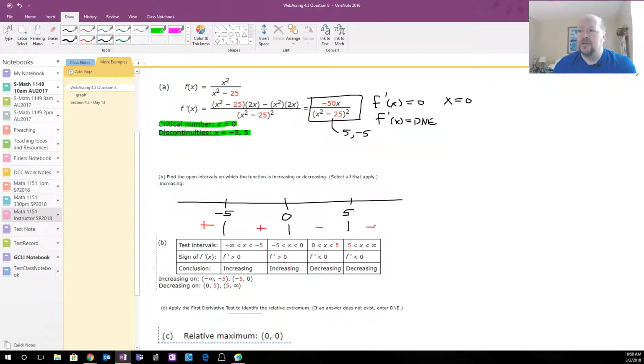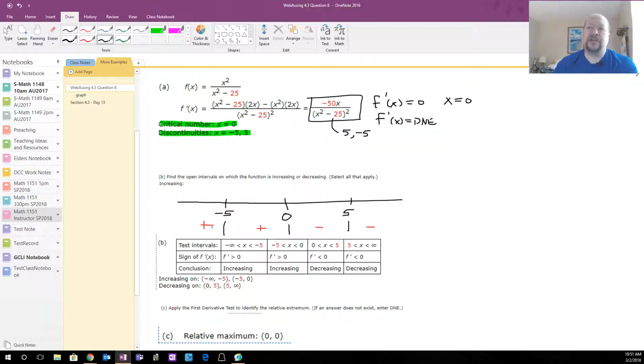Okay, so that's why you see on here, as I put down my sign chart, I have not only 0, the critical number, but also these places where the function's undefined. When you plug in numbers in each of these intervals, you'll find the sign of the first derivative is positive between negative infinity and negative 5, and then positive also between negative 5 and 0.